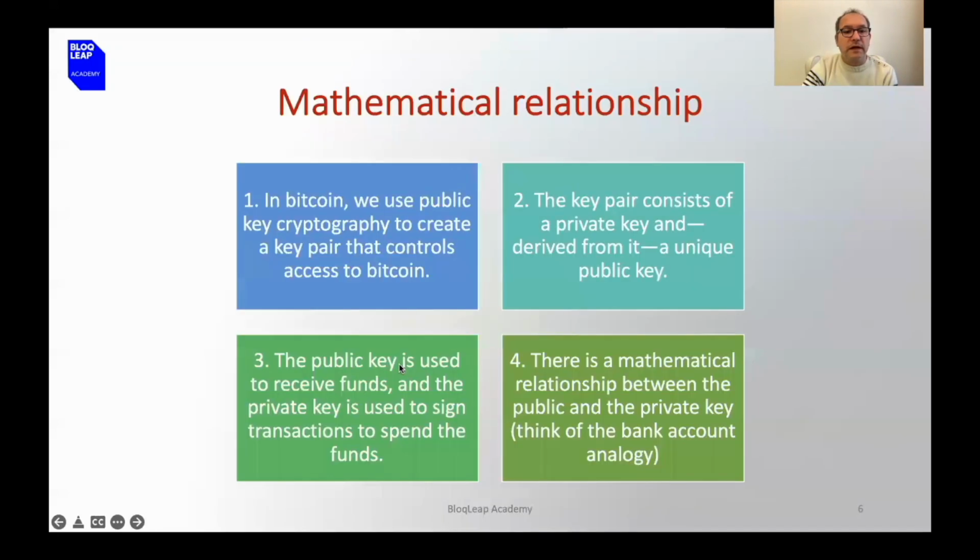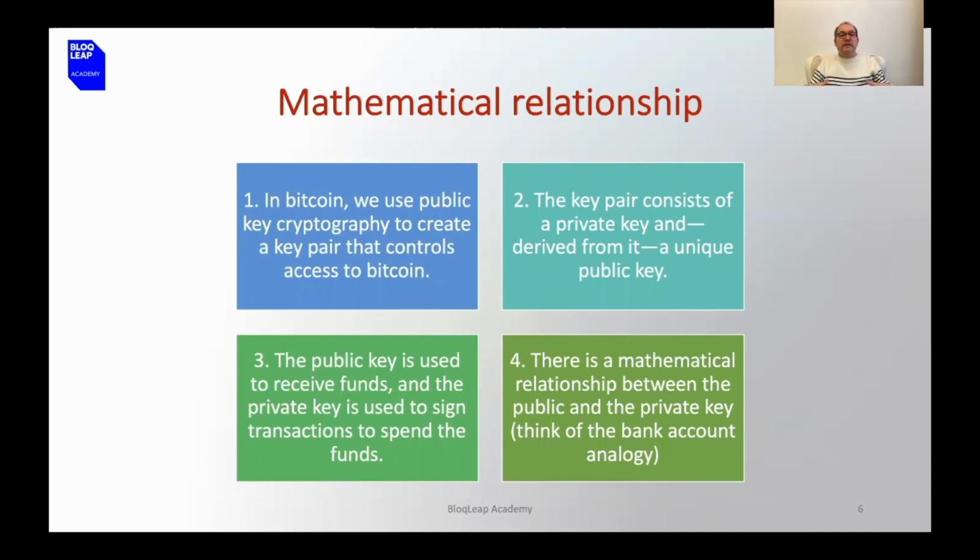All right, I finished for today. Let's talk about the mathematical relationship, which is very important. In Bitcoin, you use public key cryptography to create a pair that controls the access to Bitcoin. The key pair consists of a private and public key, okay?